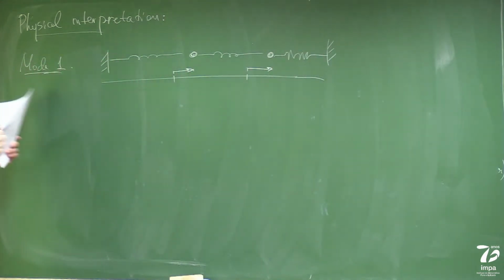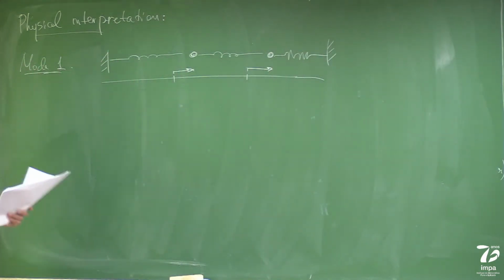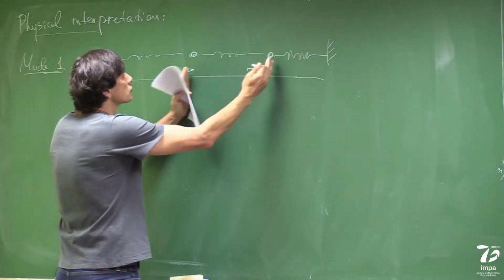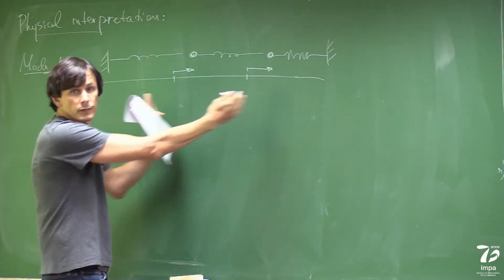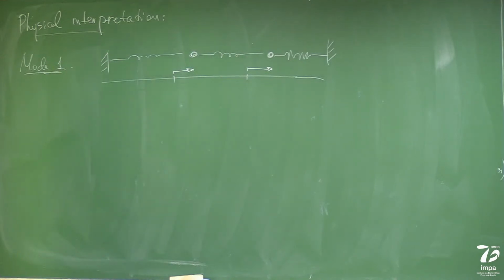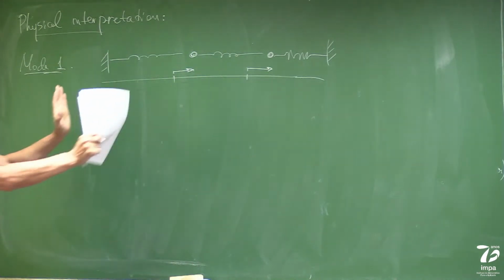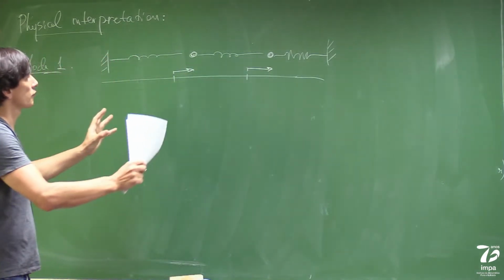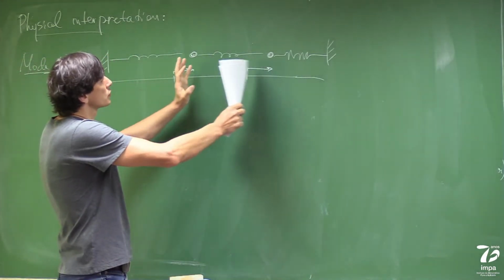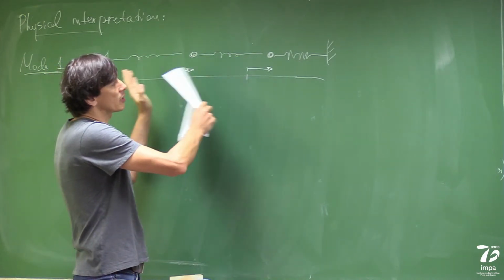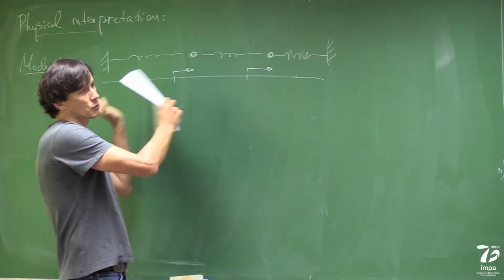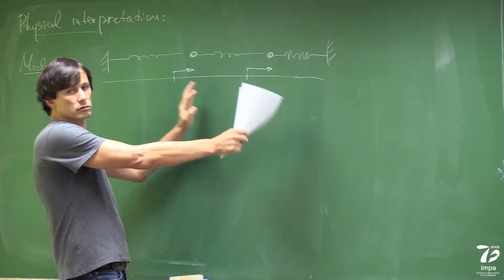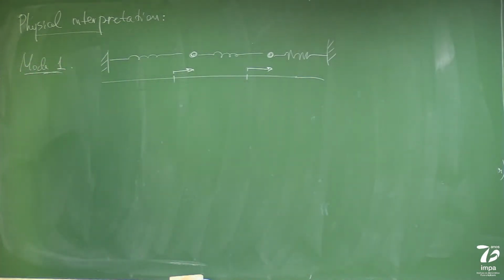Like this, two masses move. So essentially it's a motion like a rigid body, keeping the same distance between each other. Since it's kind of motion of a rigid body with twice bigger mass, this is why it is slower. So the frequency is smaller.